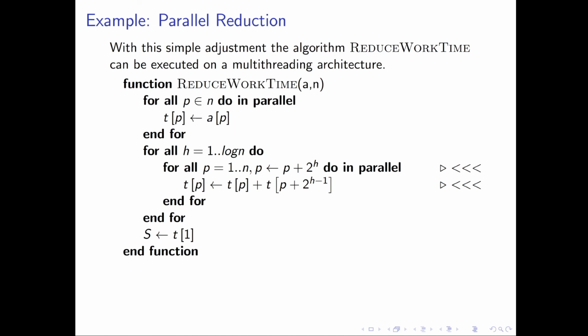So with this simple adjustment, we can make the algorithm reduce work, time, and also the PRAM. We can adapt it so that it can be executed on a multi-threading architecture. The only thing that I really do is adapt those indices a bit so that they use a stride that doubles with each iteration.